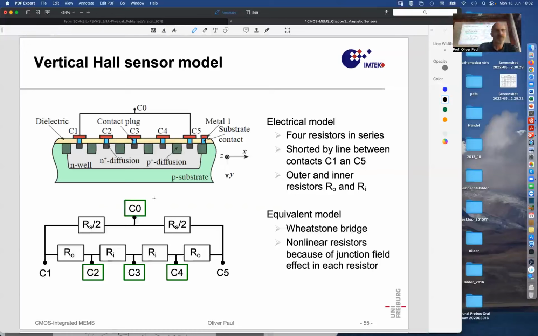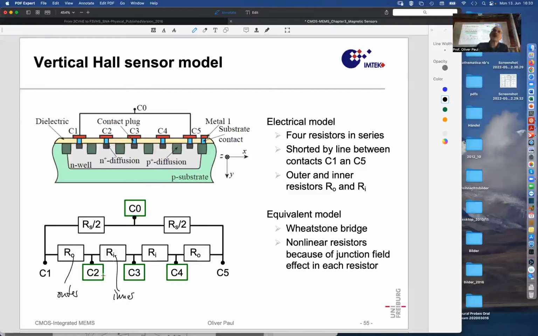Okay, so of course, between these contacts we have some resistance, so some R_O, O for outer. This is the outer contact pair. On this side, the same, R outer between contact 4 and 5. And then between the inner pairs, 2 and 3, and 3 and 4, we have inner resistances.